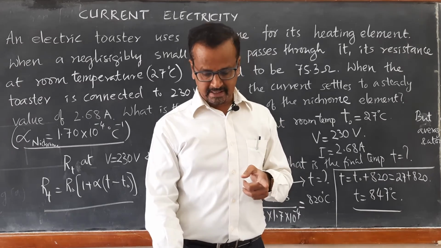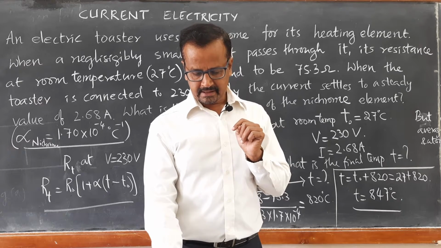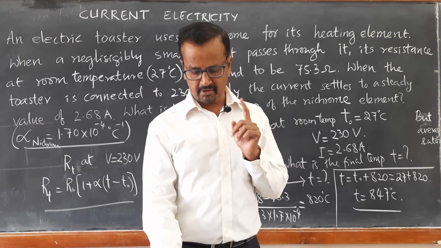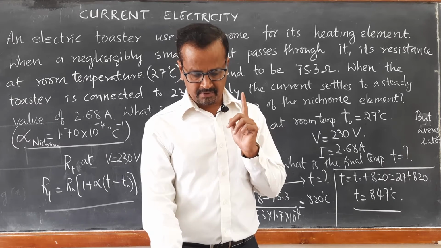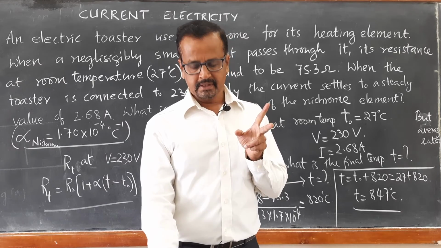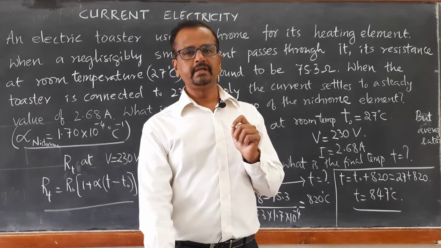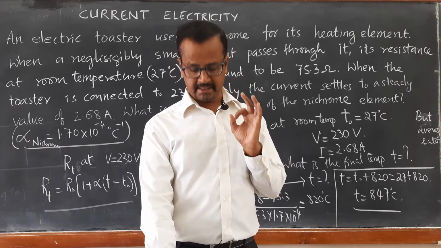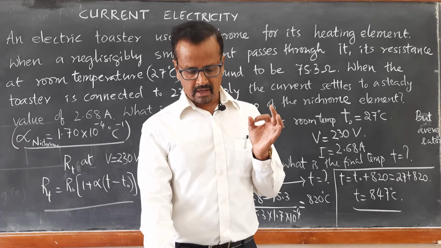And one more important thing is its temperature coefficient of resistivity is 4 into 10 to the power of minus 4. So, the temperature coefficient of resistivity of nichrome is less than that of copper. Therefore, the copper wire does not get heated up, whereas the nichrome coil gets heated up. Even manganese has the same value.